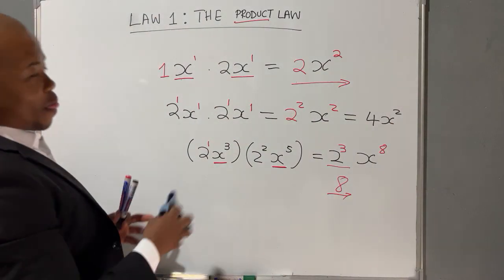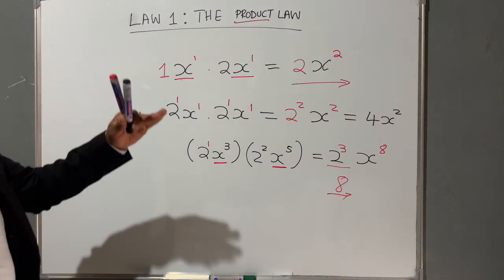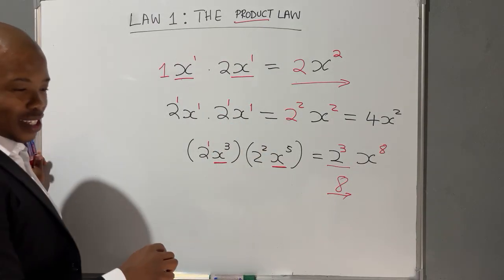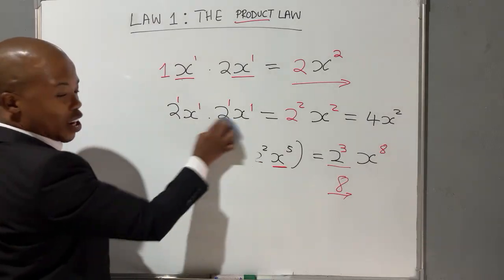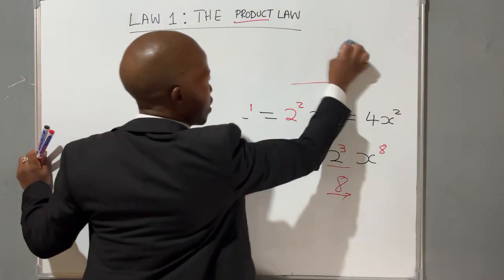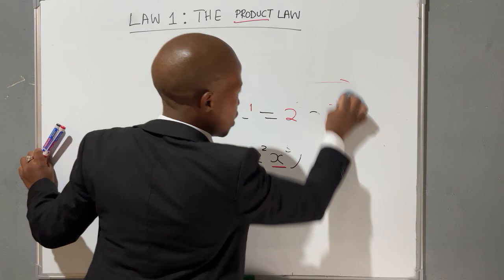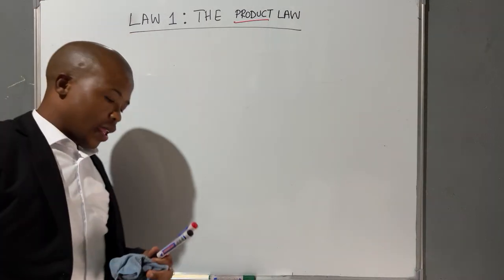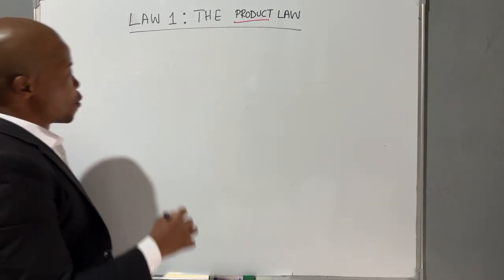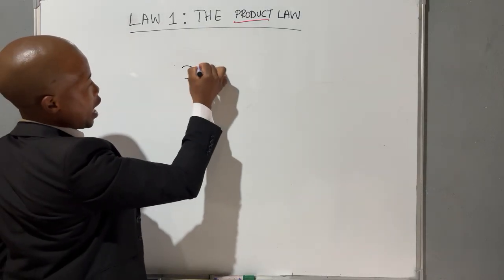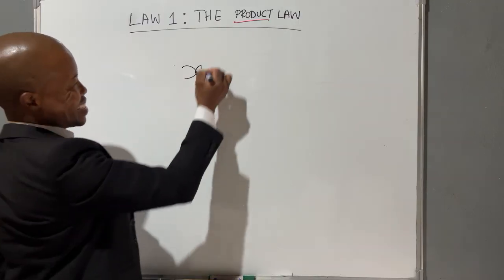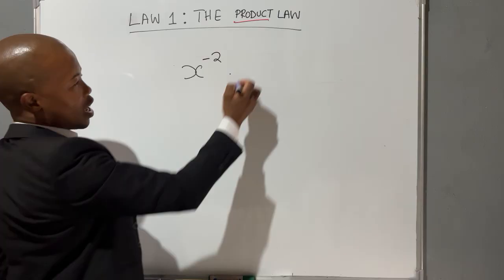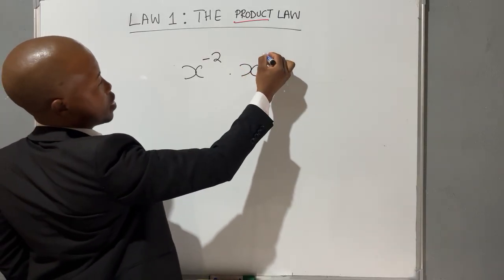Now, let's take it a little bit further, to still demonstrate the product law in many ways. Sometimes you might have something like x to the exponent negative 2 times x to the exponent, let's say, for example, 3.